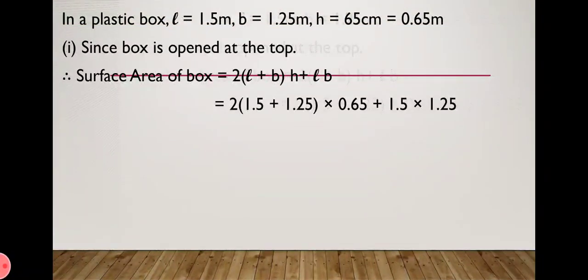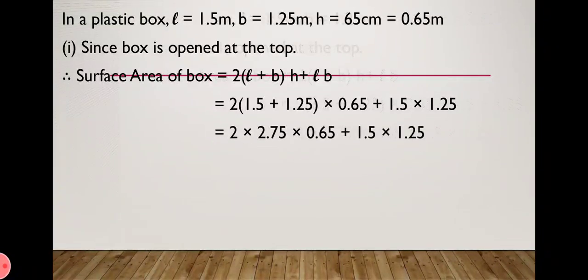Putting the values given, we get twice (1.5 plus 1.25) into 0.65 plus 1.5 into 1.25. As length is given as 1.5, breadth as 1.25 and height as 0.65 meter, we insert the values.